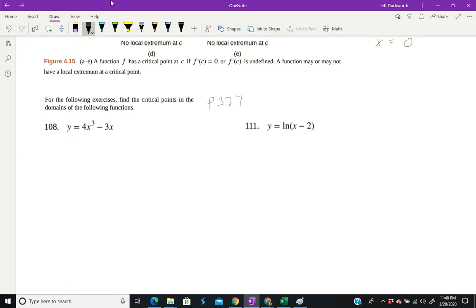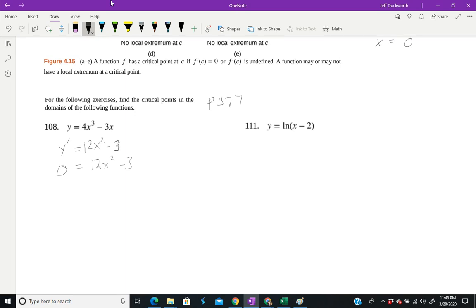So I'm going to take the derivative here. This is 12x squared minus 3. All right, so we can't get it undefined. So the only other option is having f prime at some value of x being equal to 0. So I'll set this equal to 0.